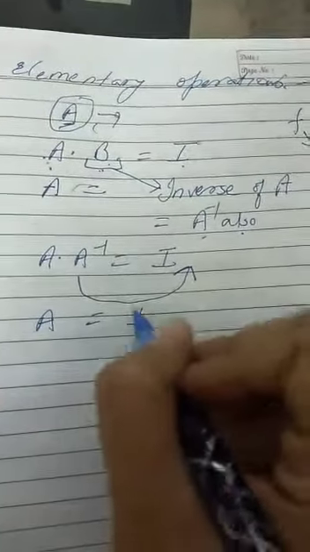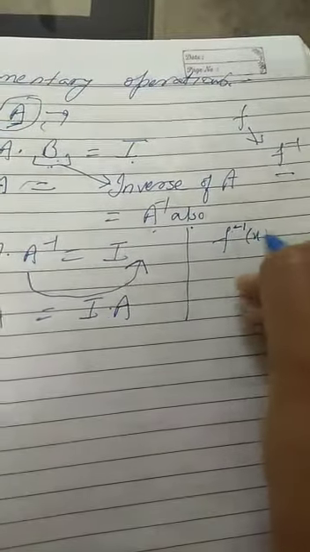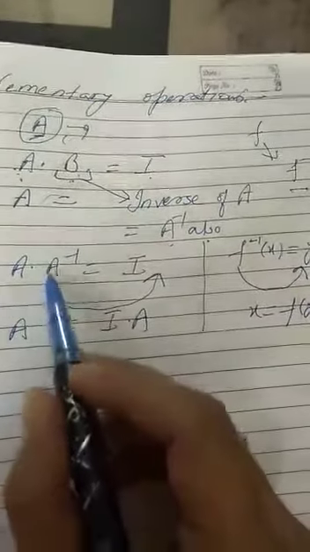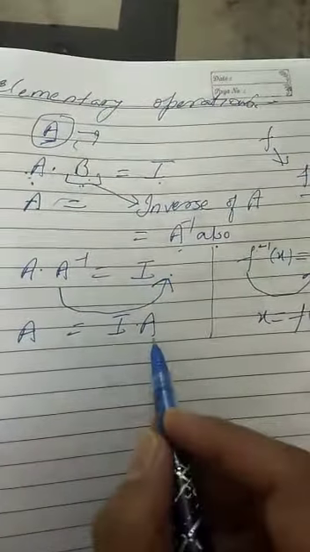Now if this A inverse I take to RHS, then what will happen? It will become IA, right? Same as in inverse trigo, where if F inverse X is equal to Y, then F inverse when taken to RHS becomes F of Y, same concept. So A inverse on the right hand side will become A.